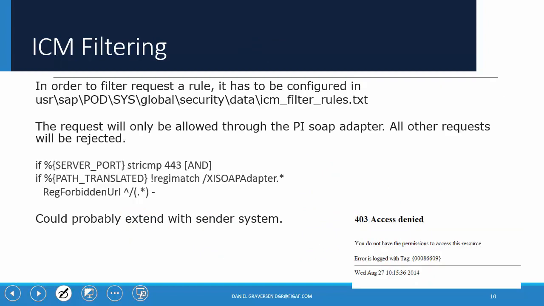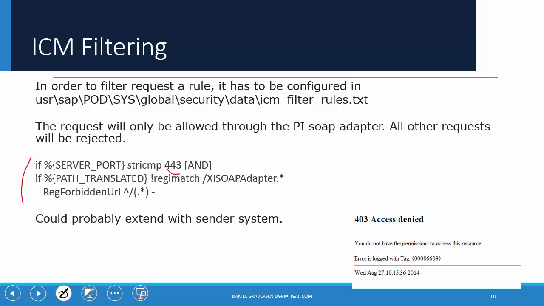So the way we did that was we changed this file, and here we added this small script that just says, well, if the port is this, and if it does not match this, then reject the message, and we just have to change this one to whatever message is coming in.